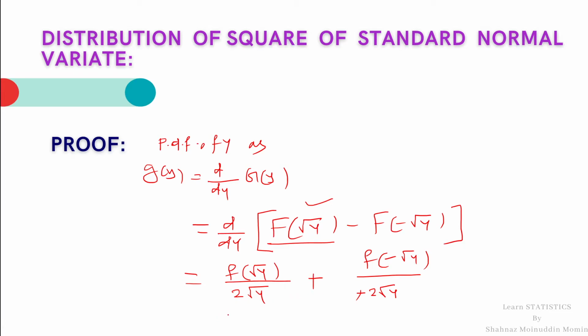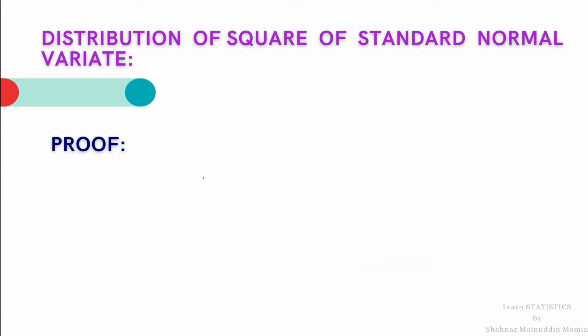So in the next step gy is equal to f of under root y plus f of minus under root y divided by 2 under root y.